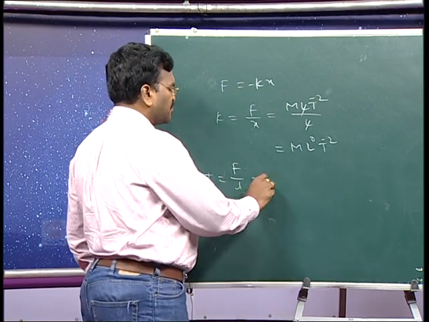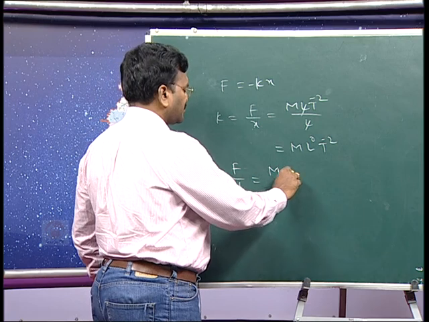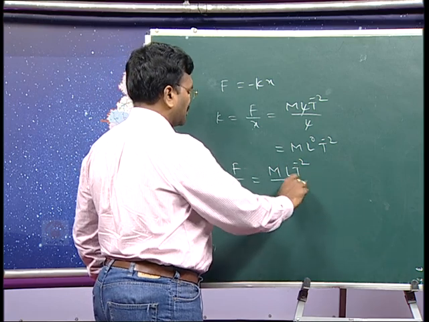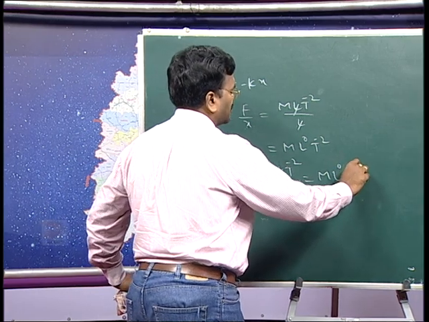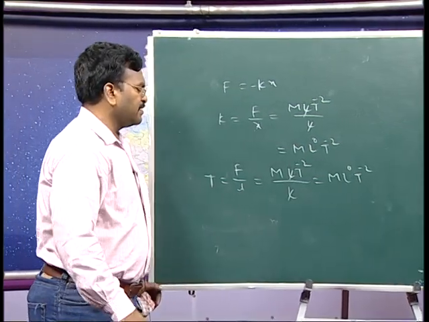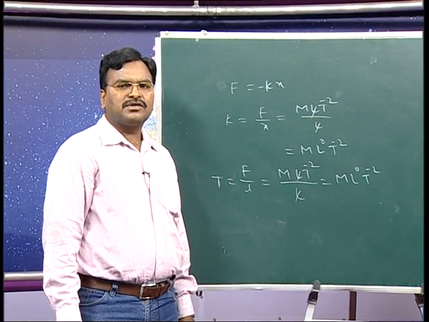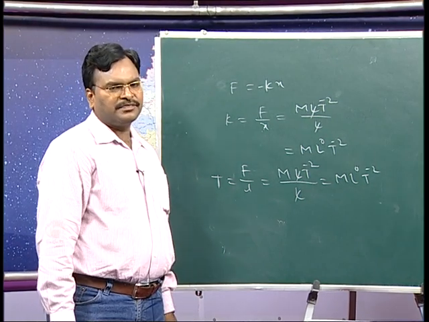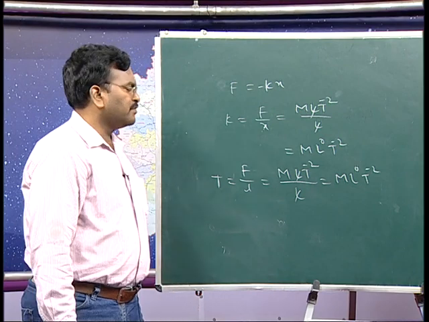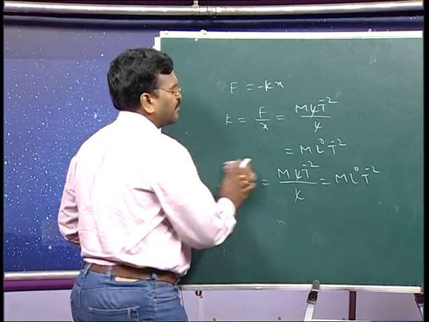What is the formula for force? Mass into acceleration, mLT⁻²/L. So what are we getting now? mT⁻². Force constant and surface tension have the dimension formula mT⁻².